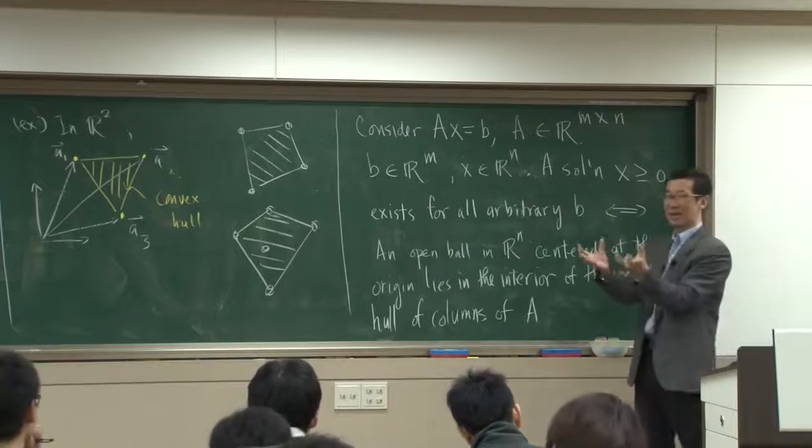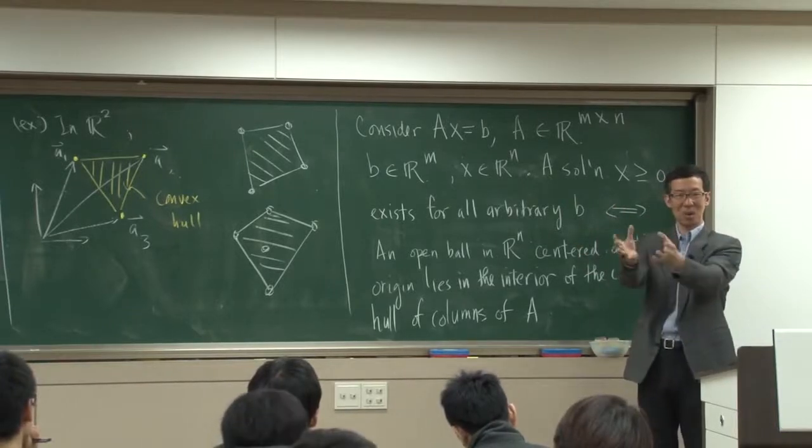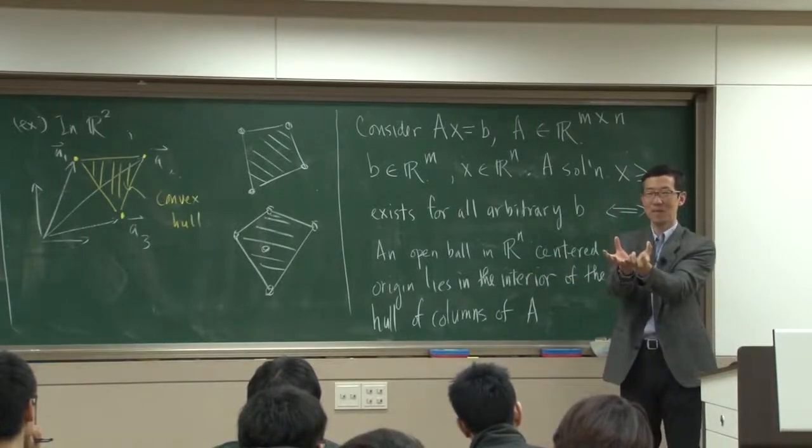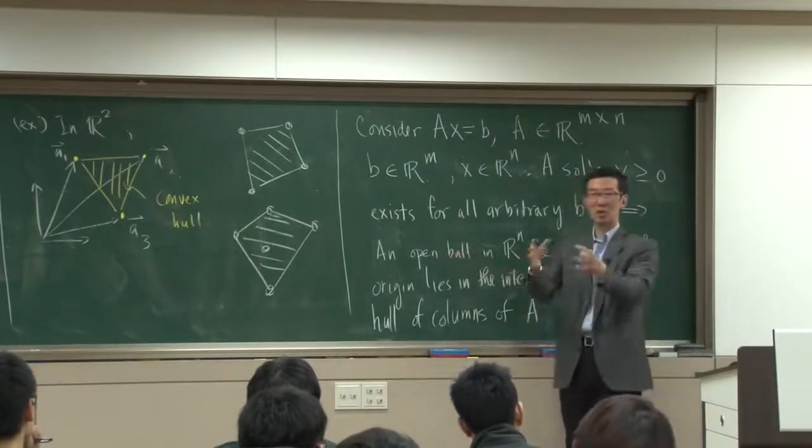What's the meaning of open ball? It's just a ball. In this case it's an n-dimensional ball, and it's open, as opposed to a closed ball.